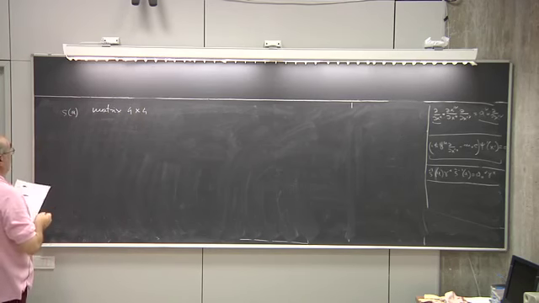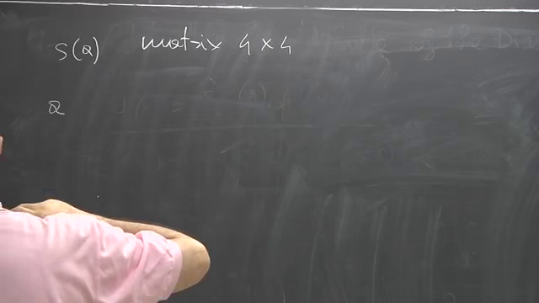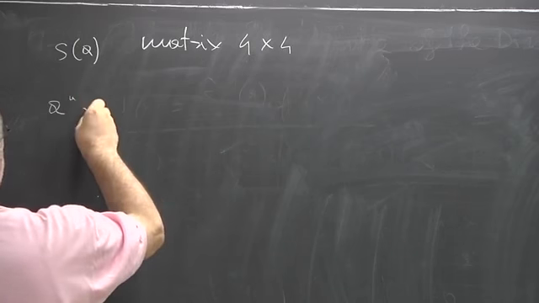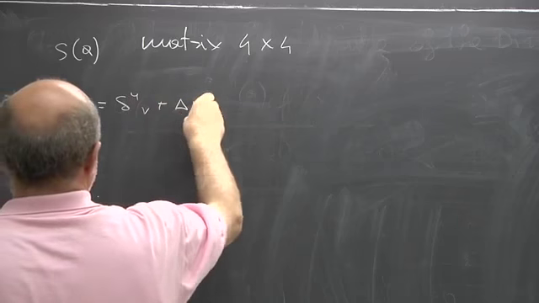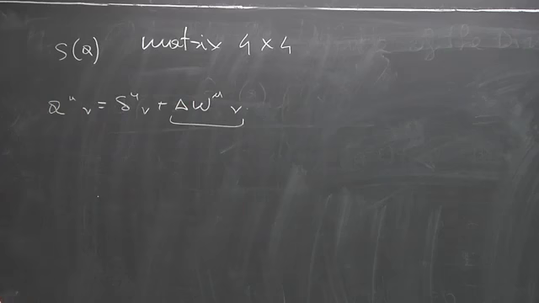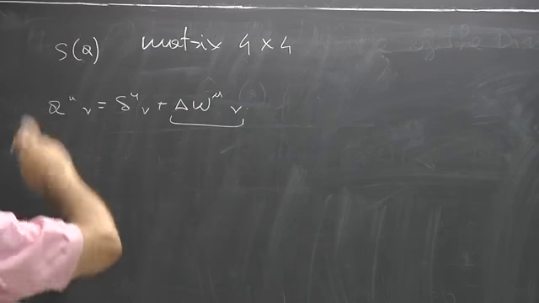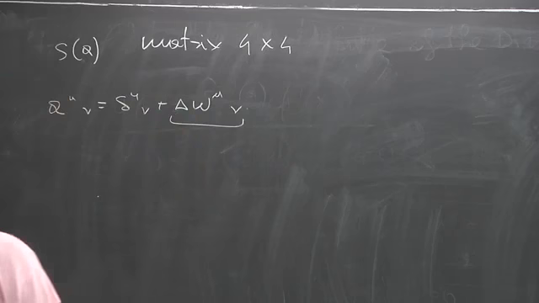And of course, let's start solving that equation for an infinitesimal transformation. So let's suppose we have an infinitesimal transformation. That means A^mu_nu is delta^mu_nu plus delta omega^mu_nu. An infinitesimal Lorentz transformation is the identity plus some small terms.